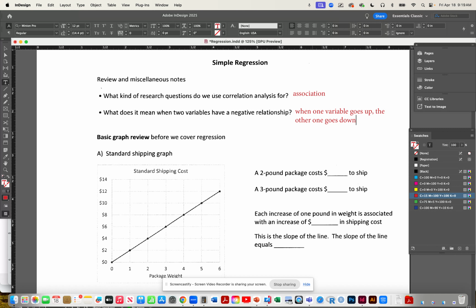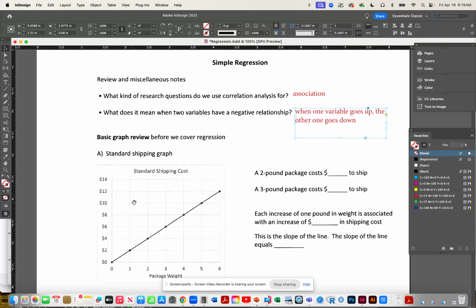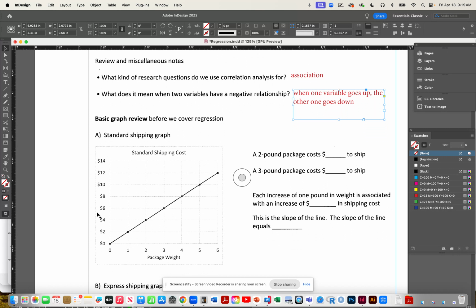Now let's go back even further to our middle school or junior high math to set the stage for getting into simple regression. Let's go through this real quick. Here's a standard shipping graph. On the x-axis we have the package weight, and the y-axis is how much it costs.